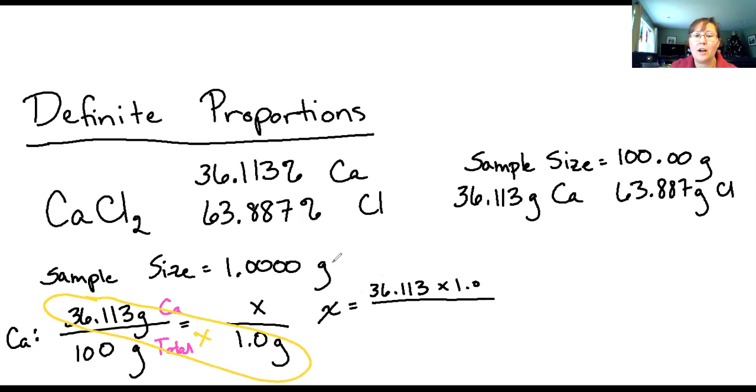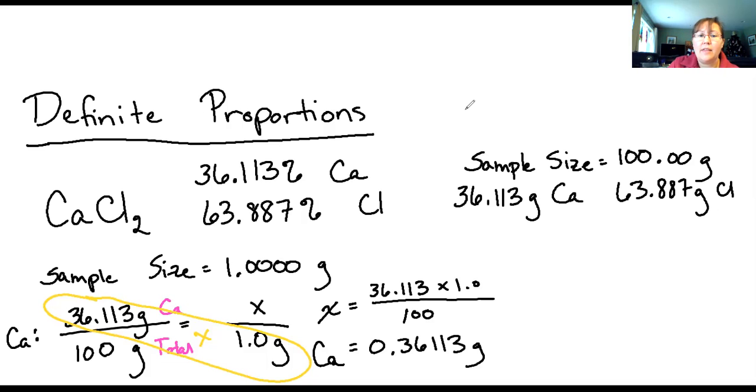And I'm cutting off my significant figures here, but I know that they're there originally, divided by 100. So the mass of my calcium is going to be 0.36113.